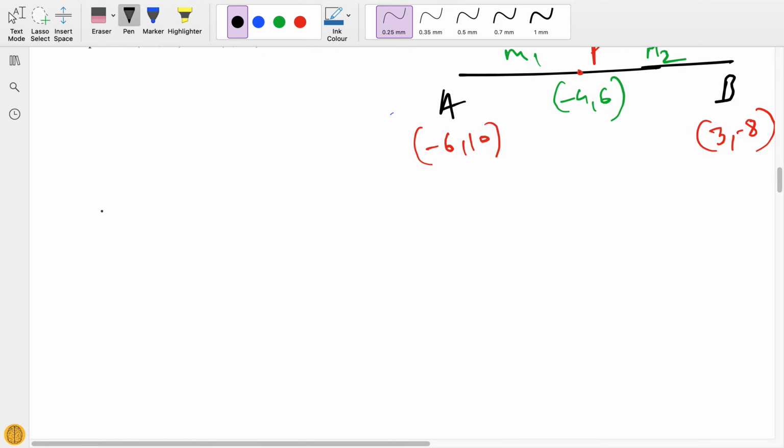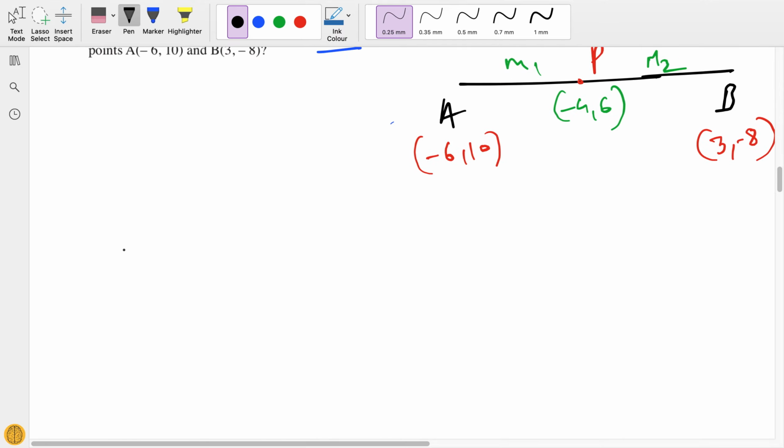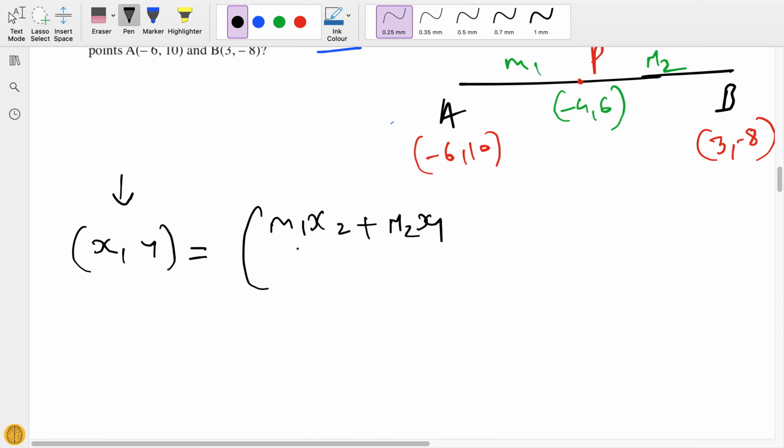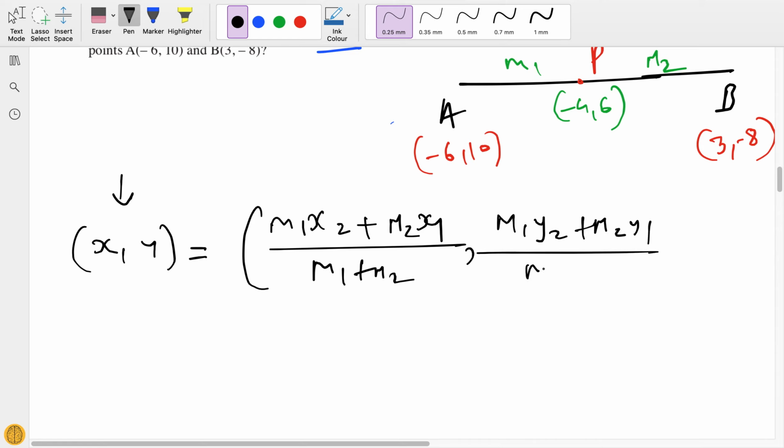We know the formula. The x, y is the coordinates from the section formula, the point which divides these two points A and B. So this is m1 x2 plus m2 x1 upon m1 plus m2, and then the y coordinate is m1 y2 plus m2 y1 upon m1 plus m2.